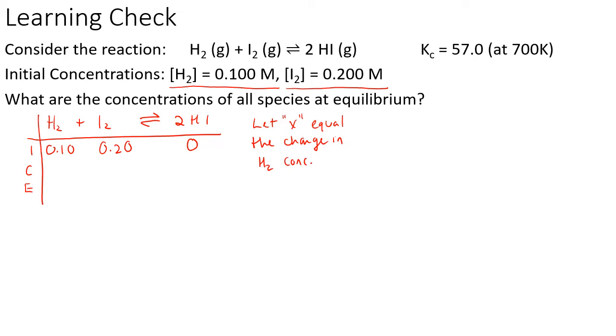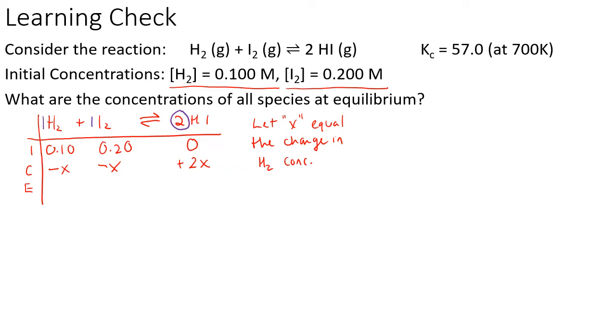So essentially hydrogen would be minus X, because when it reacts it'll go down by 1X. Iodine will be minus X, and our product HI will be plus 2X. Remember that we need to look at the coefficients in the balanced equation in order to determine the stoichiometry, or how it will change when it reacts.